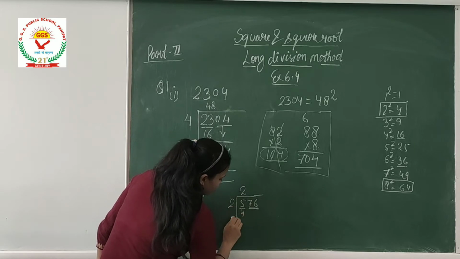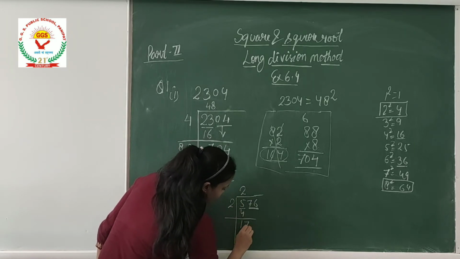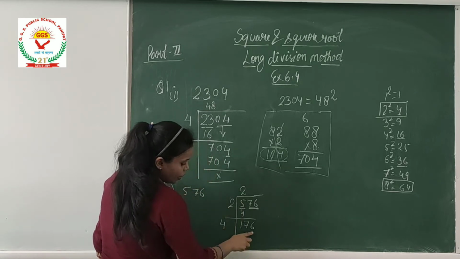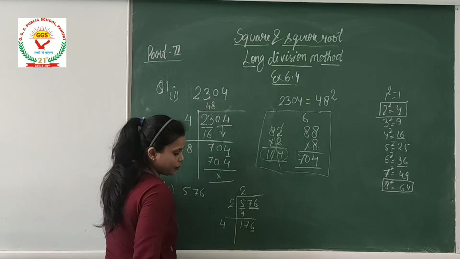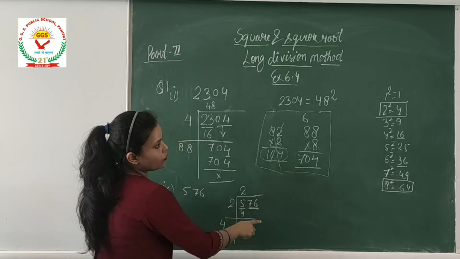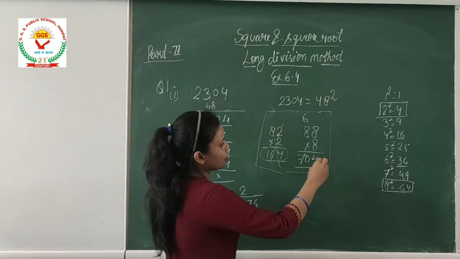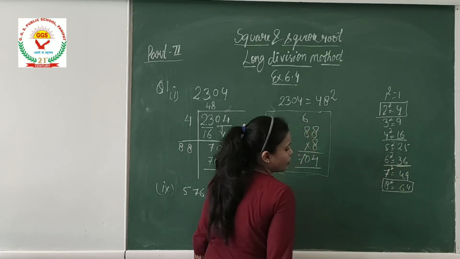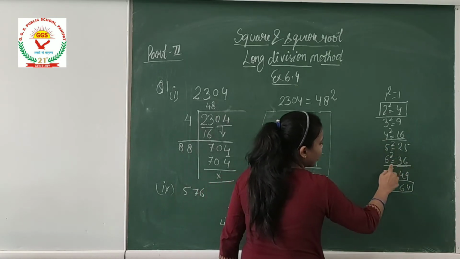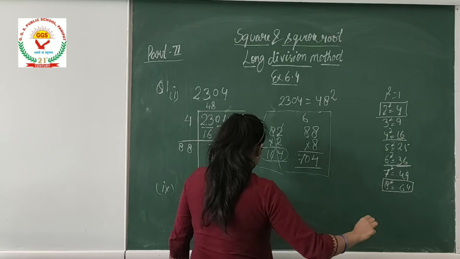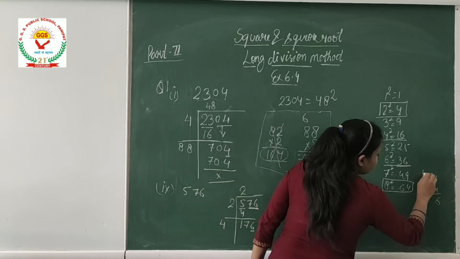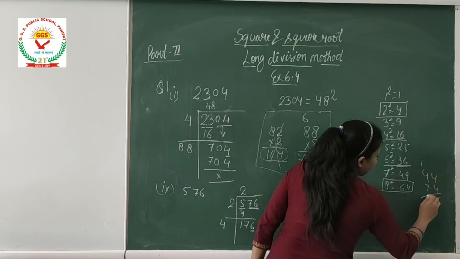2 2s are 4. Now subtracting, we get 1 and bring down 76. 2 plus 2 is 4. Now we have 6 at the unit place. Let's find out which numbers have 6 at the unit place. We have two numbers, that is 4 and 6. So first we will try 4. 4 4s are 16, and 1 makes 17.